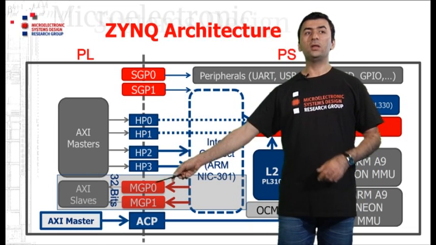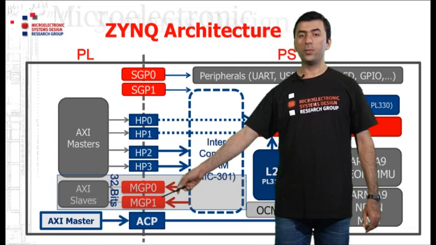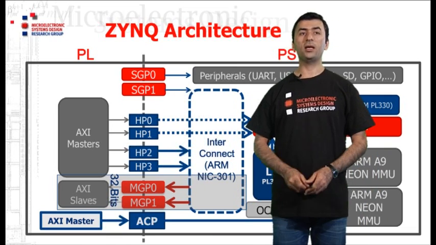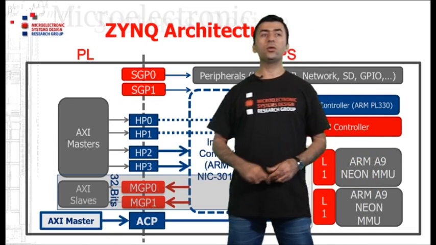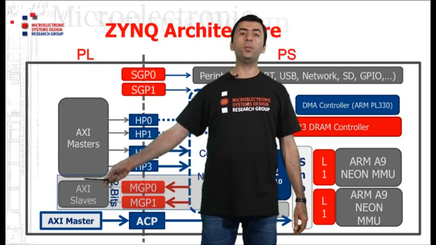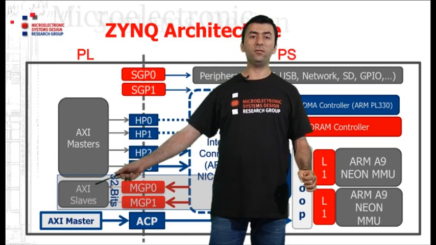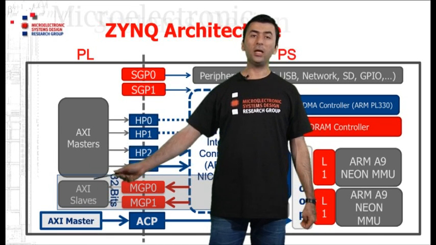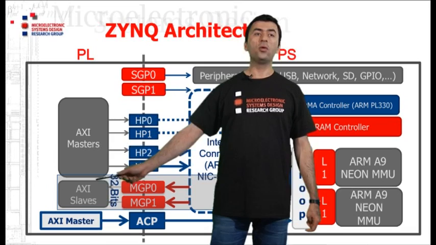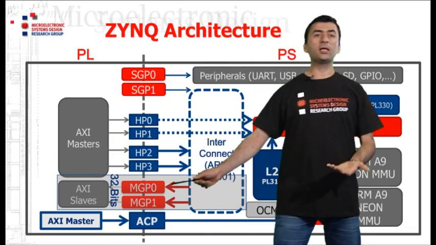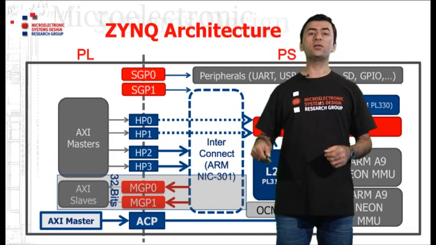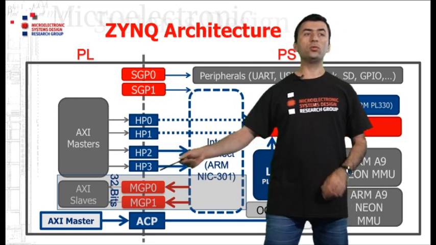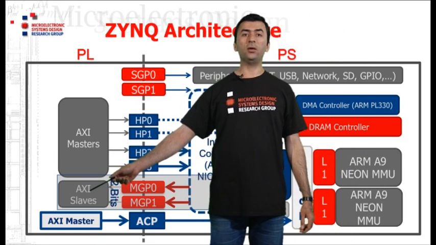So these ports are master ports of the PS, meaning that I need to develop AXI slave interfaces, or AXI slave plugs, for my modules that I implement on the PL, so that the logic that I have in the PS can transfer data to the logic that I have in the PL.